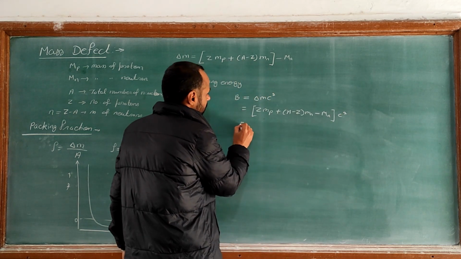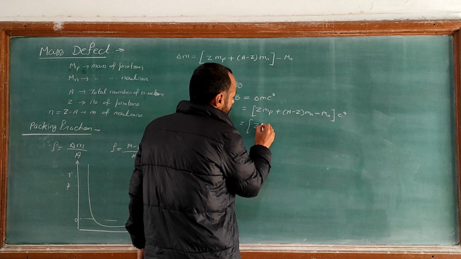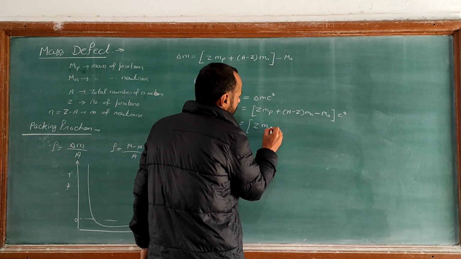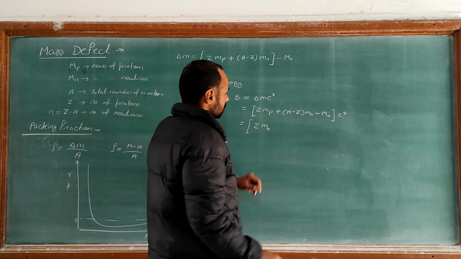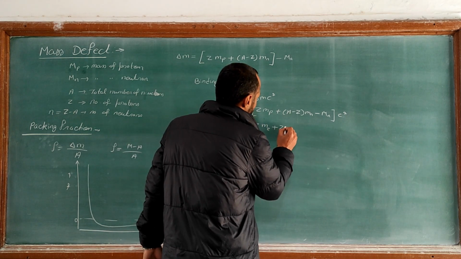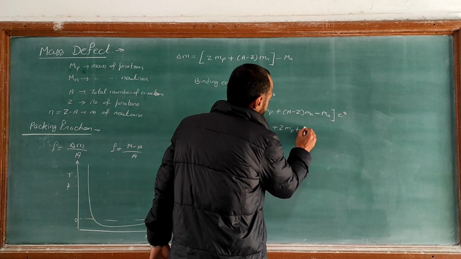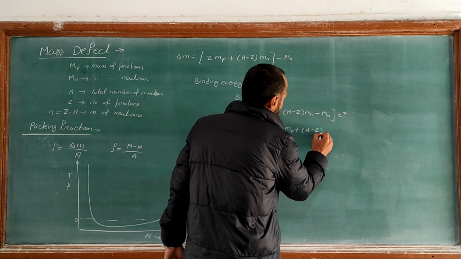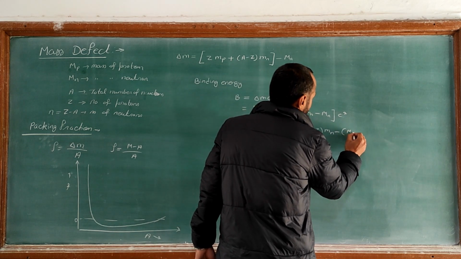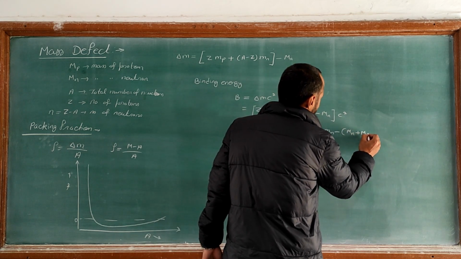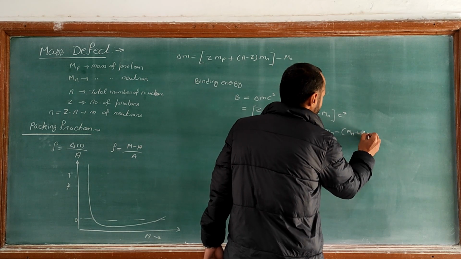Now if we add the mass of Z number of electrons and subtract the mass of Z number of electrons in this expression, then we have plus (A minus Z) Mn minus Mn plus Z Me.